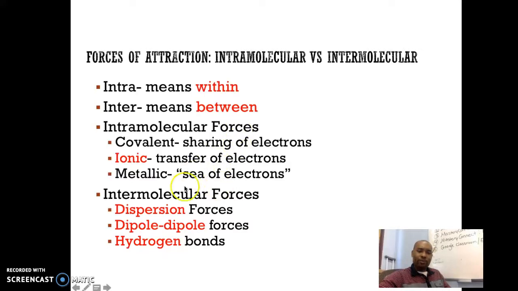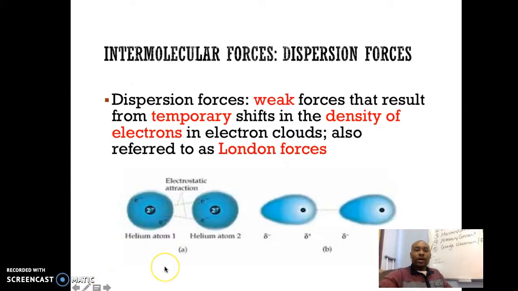And some examples of intermolecular forces include dispersion forces, dipole-dipole forces, and hydrogen bonds. Okay, so the first intermolecular force, dispersion forces: these are weak forces, and they're temporary. They form from temporary shifts in the density of electron clouds.